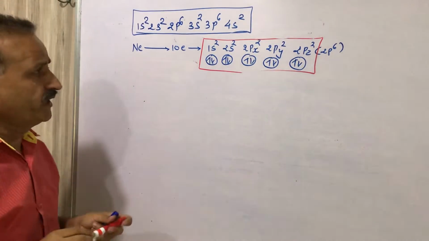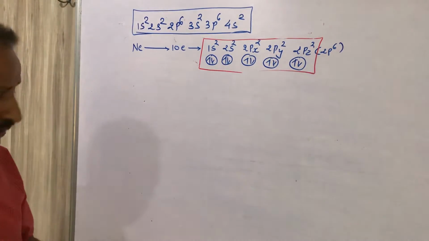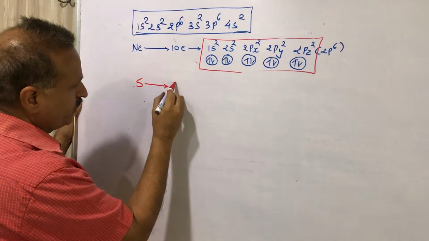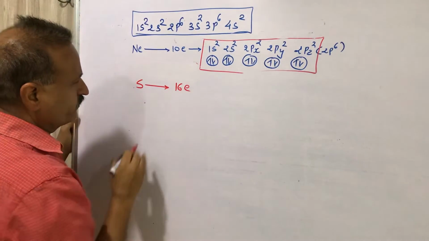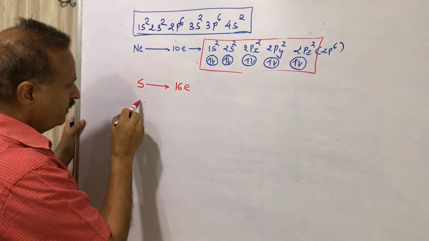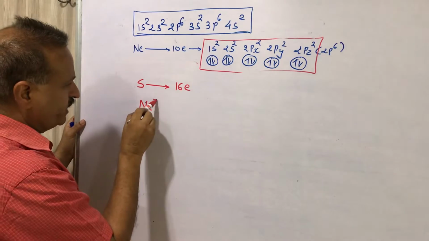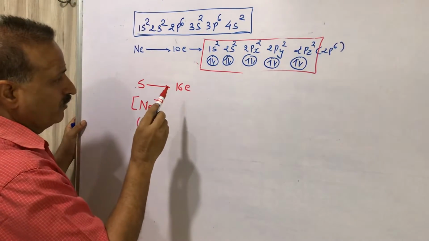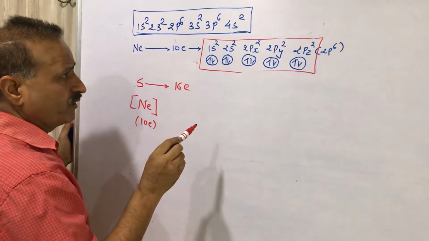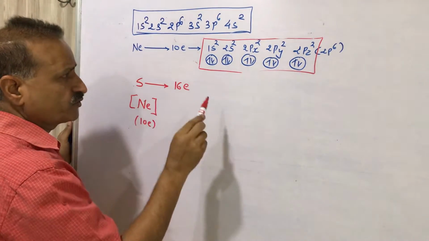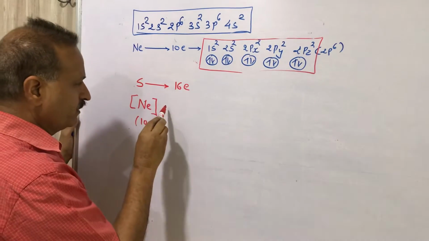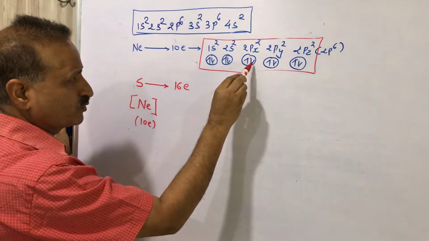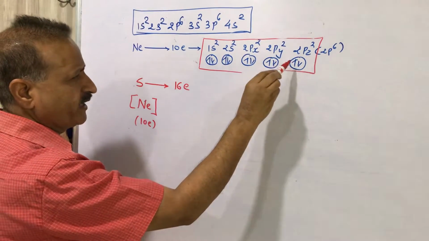So now the turn will come for sulfur. Sulfur means S. Sulfur has 16 electrons. So we are writing neon, which means we have filled 10 electrons. Again the same method. The last filled electronic configuration was 1s2, 2s2, 2p6, with 2px2, 2py2, 2pz2.